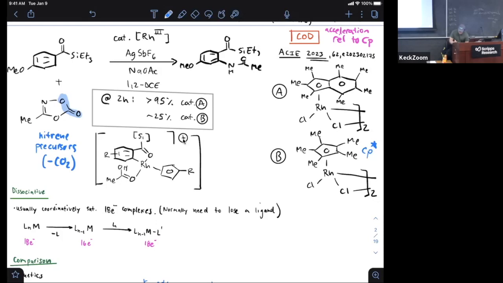This is an example of a mu2 bridging chloride that we've talked about, represented in this way here. So the precursor is a dimer with 2 bridging chlorides. It compares the Cp* with an indenyl*, and you see significant rate acceleration: at 2 hours with the indenyl catalyst quantitative conversion, compared to the Cp*, only 25% conversion.